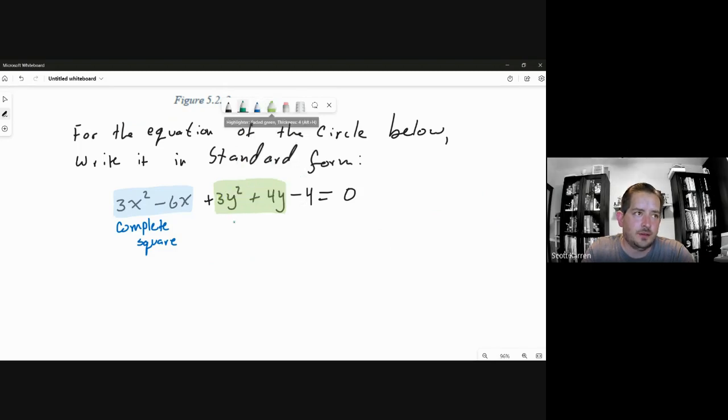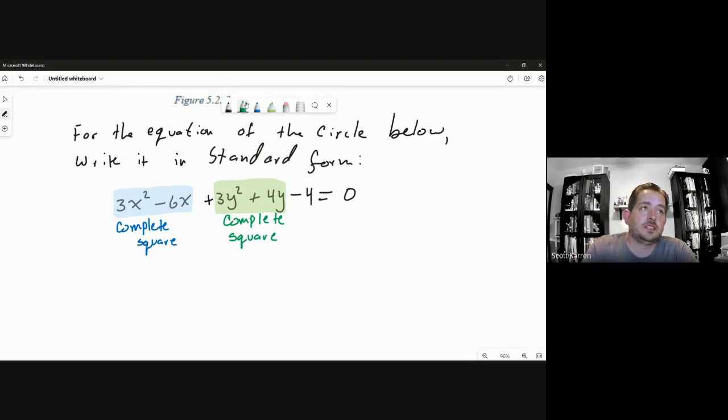These guys, I will also have to complete the square. So if you didn't like completing the square back in our previous section, you're going to double hate this because you're going to have to do it with both variables. So you may as well learn to love it, embrace it, print it out on a piece of paper and sleep with it at night because it's not going away.